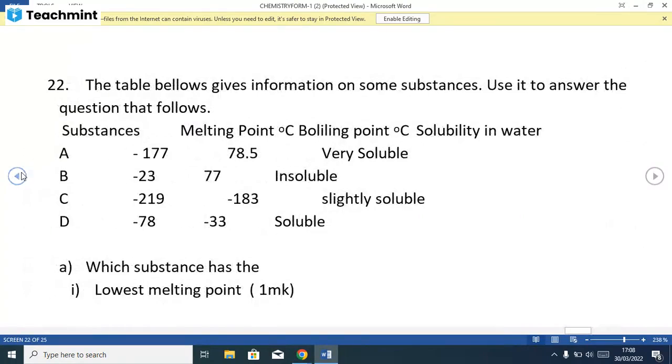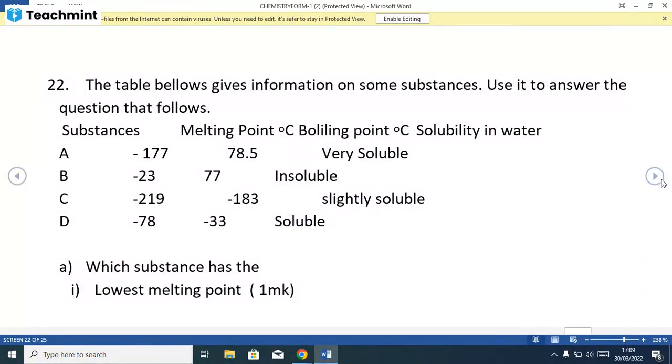Gases: the melting and boiling points of gases are below zero. So which letters? C and D.